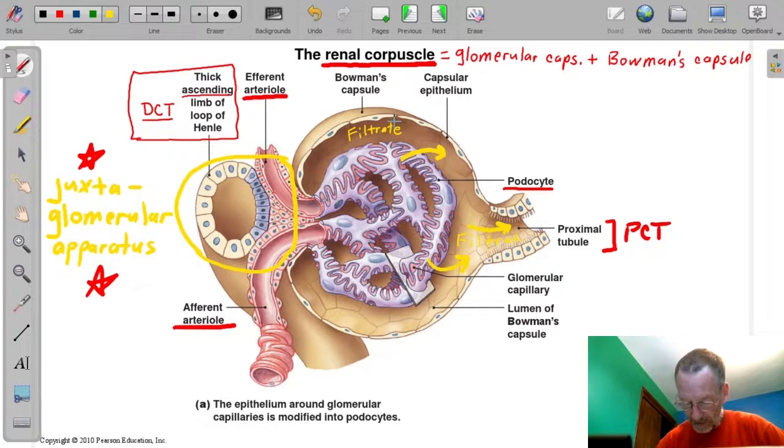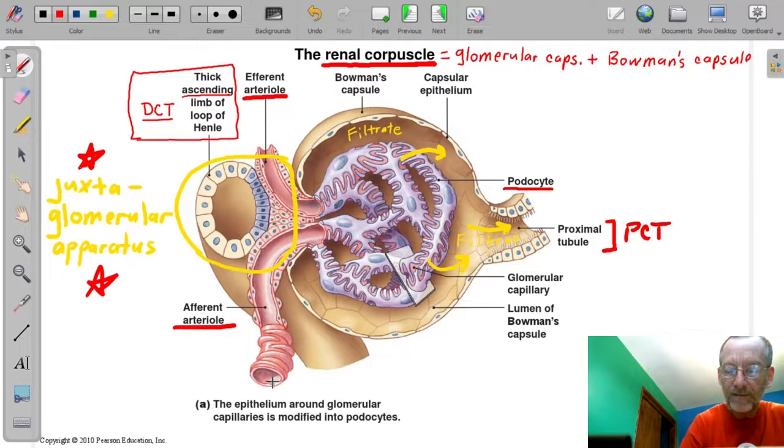The last thing that I want to point out on this slide, which is important, are the cells that are wrapped around the afferent arteriole. So these are modified smooth muscle cells. They go by a couple of different names. Modified smooth muscle cells. So first of all, they are smooth muscle cells. They can constrict.